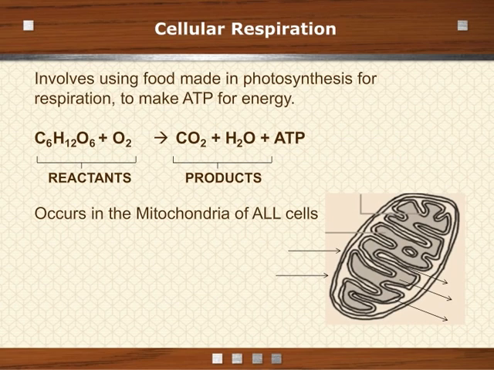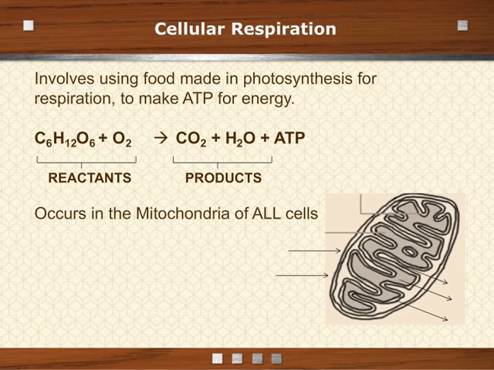Therefore, if you have memorized the equation for photosynthesis, you should also be able to memorize the equation for cellular respiration by simply reversing them. The products of one are the reactants of the other. Let's write out this equation in words. You have a space to record this on your graphic organizer.